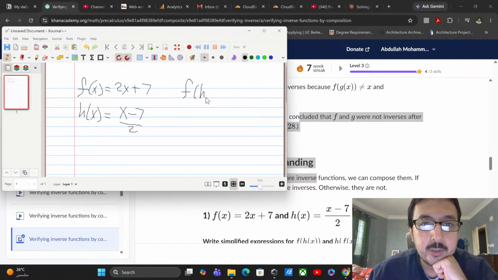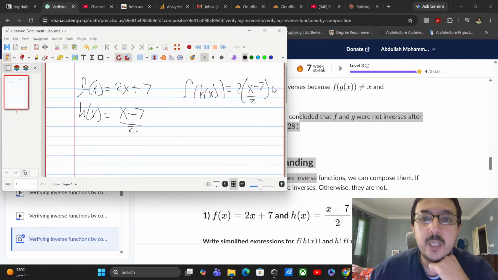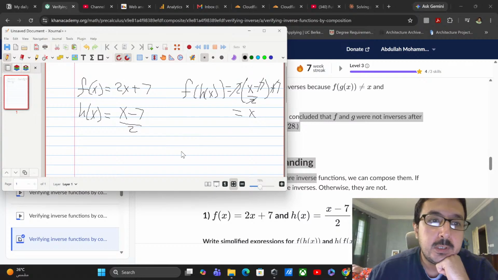So we go to 2 times x minus 7 over 2, plus 7. So what are we having here? The 2 goes with the 2, I'm left with x, and minus 7 goes with the plus 7. So this is equal to x.